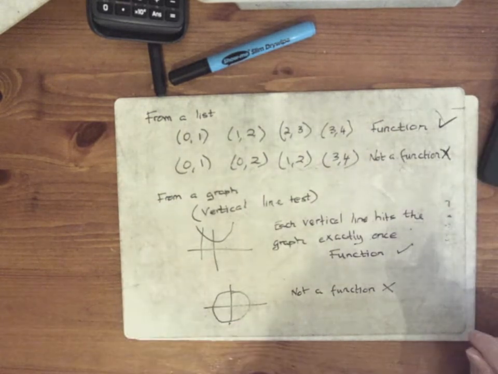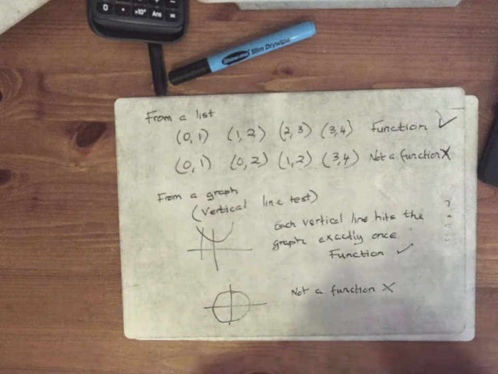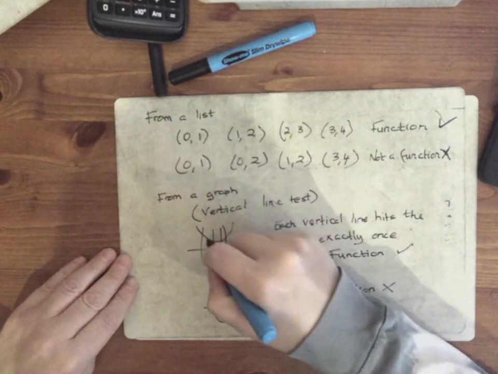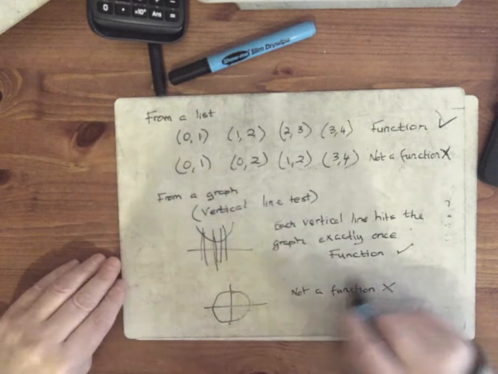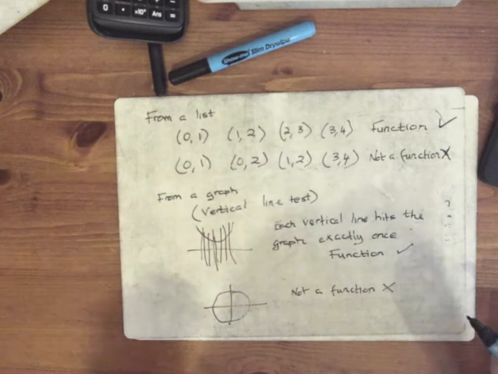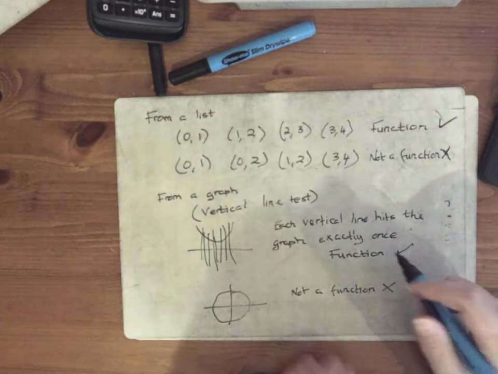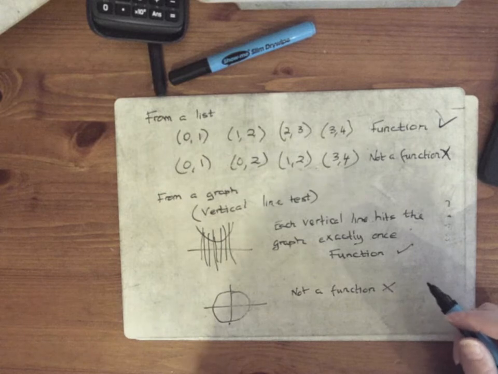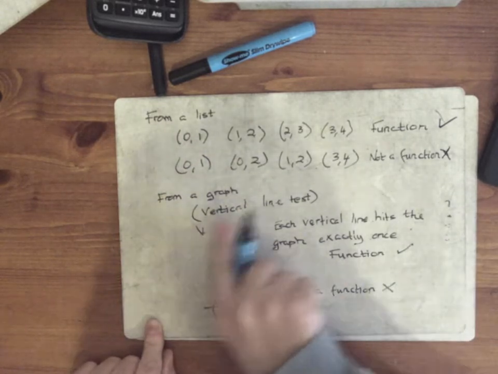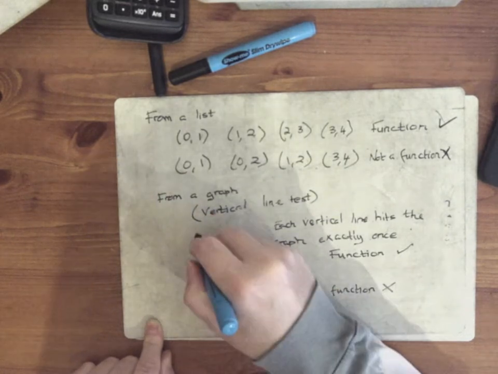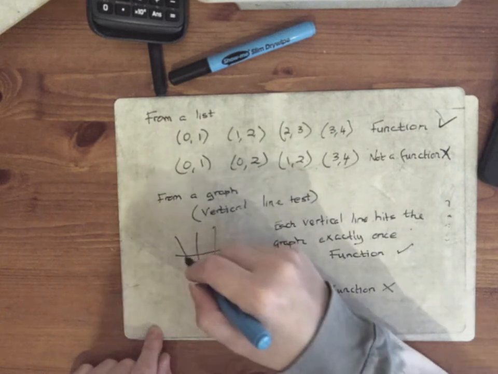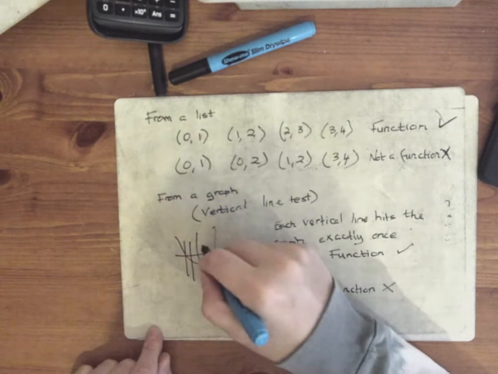And then how do you decide whether something is a function from a graph? You do what's called the vertical line test. You draw a vertical line anywhere on the graph, and if the vertical line hits the graph exactly once, so it has to hit it at least once, but also at most once, then it's a function. This one here is a function, because if you draw a vertical line in any position, you'll hit the graph exactly once.